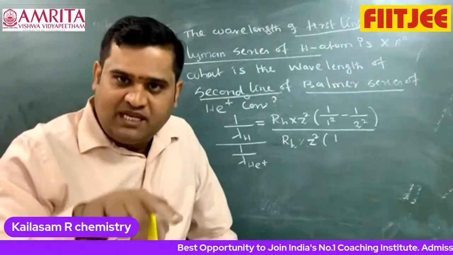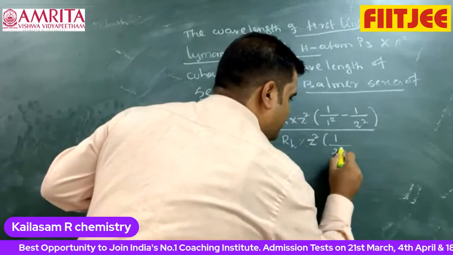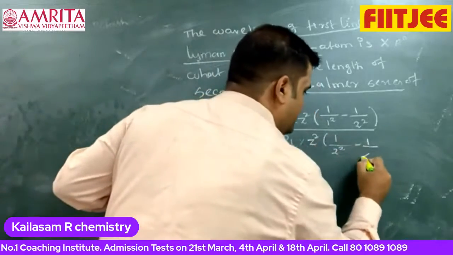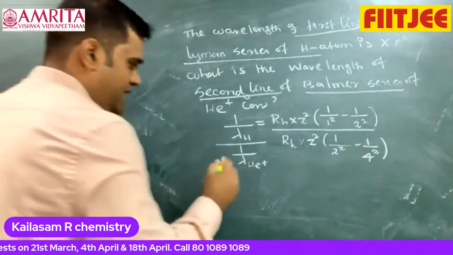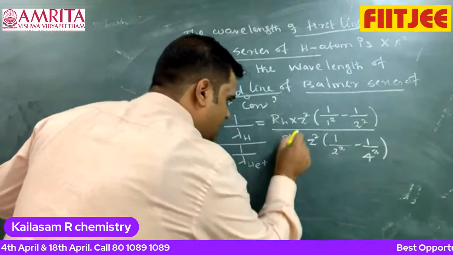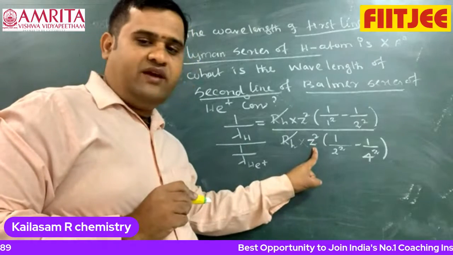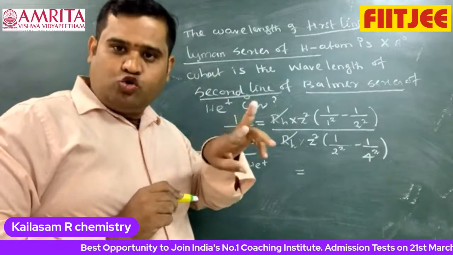The second line of the Balmer series means n1 equals 2 and n2 equals 4, so 1 by 2 squared minus 1 by 4 squared. Now RH and RH cancel off. Z squared for helium plus: Z is 2, so 2 squared is 4.